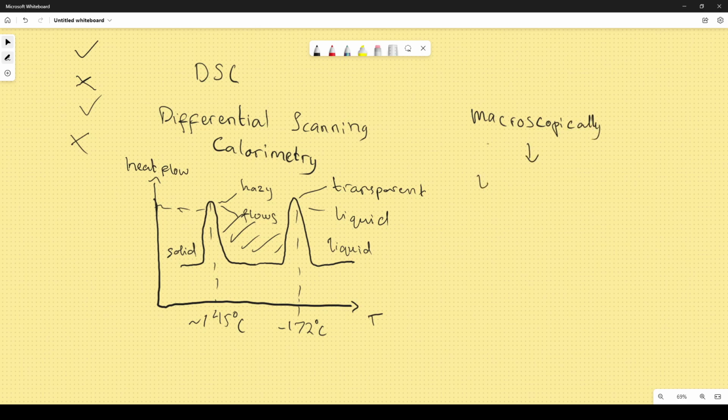Macroscopically, they look like liquid in this area over here, but microscopically they possess some of the characteristics that crystals have.